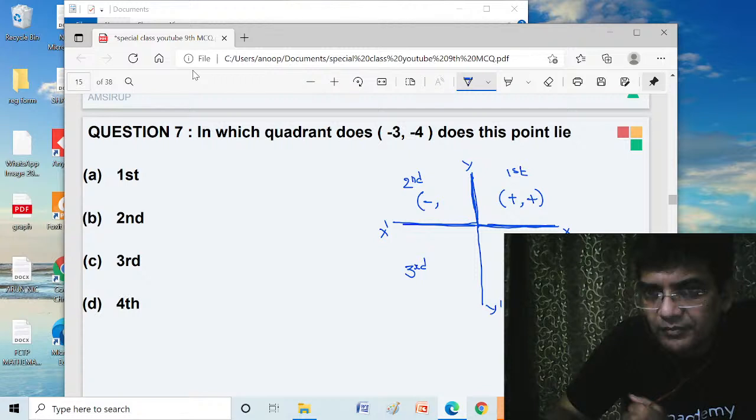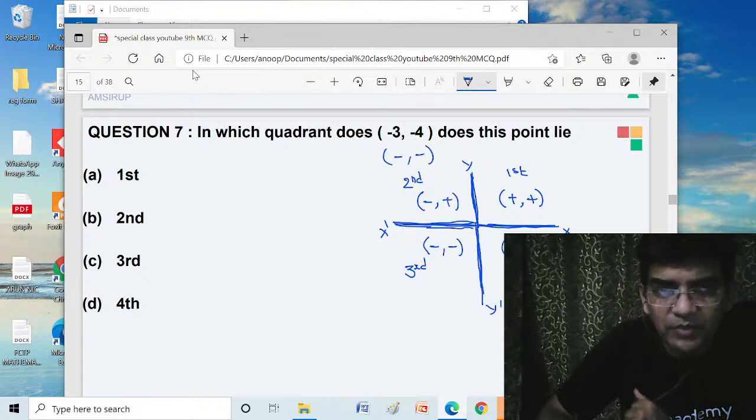And in this one, x positive and y negative lies in the fourth quadrant. So according to this, (-3, -4), both are negative, so we can say it lies in the third quadrant. So my answer will be the third quadrant.